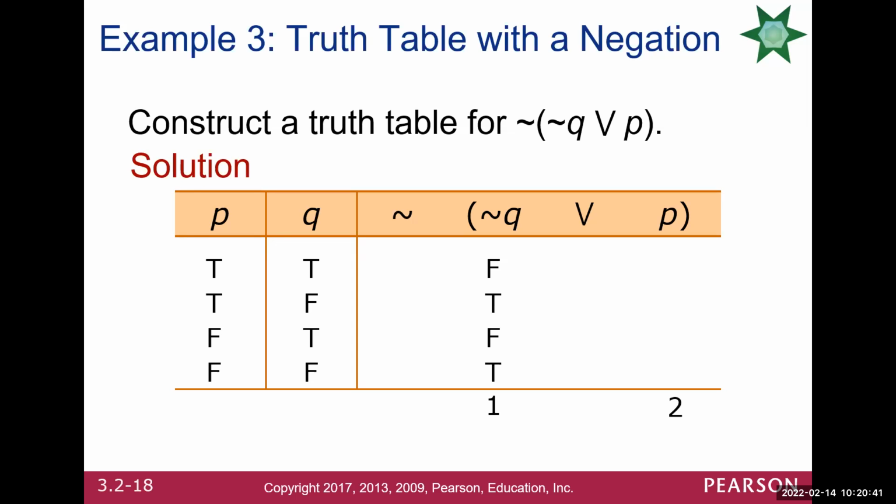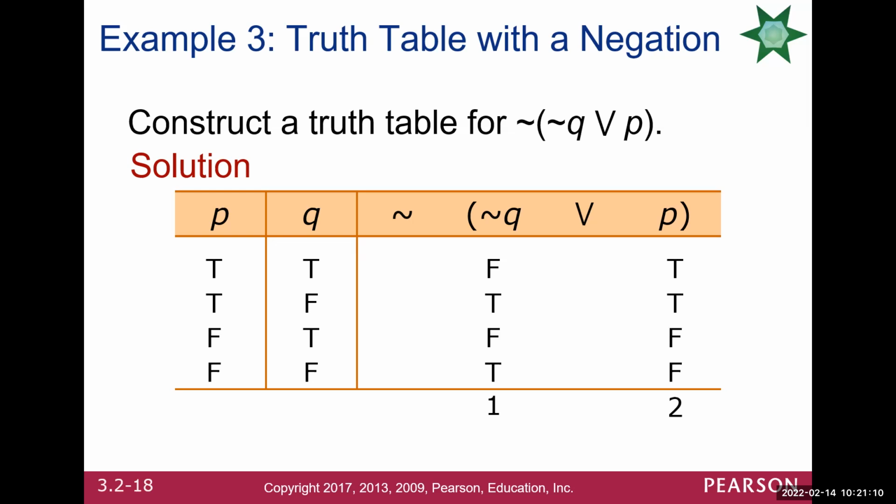This will be the second thing that we work on. Nothing's been negated; it is just our P statement. All of those truth values under P aren't going to change, because it doesn't have a tilde, a negation symbol, in front of it. So we would just list true, true, false, false.